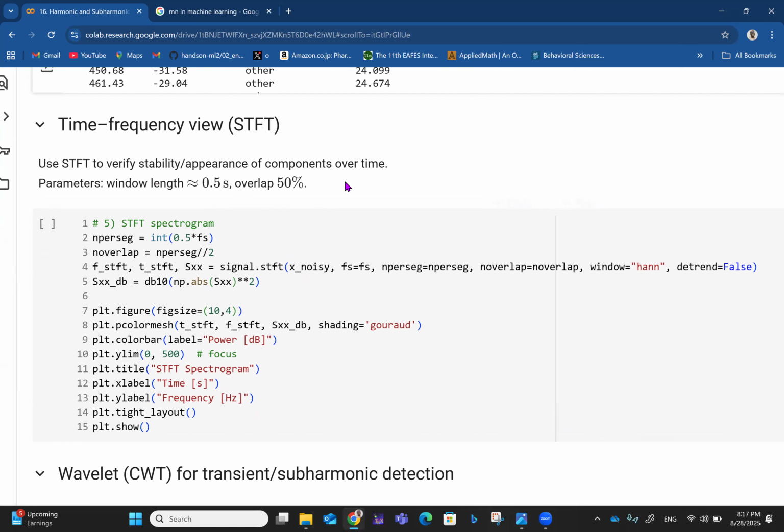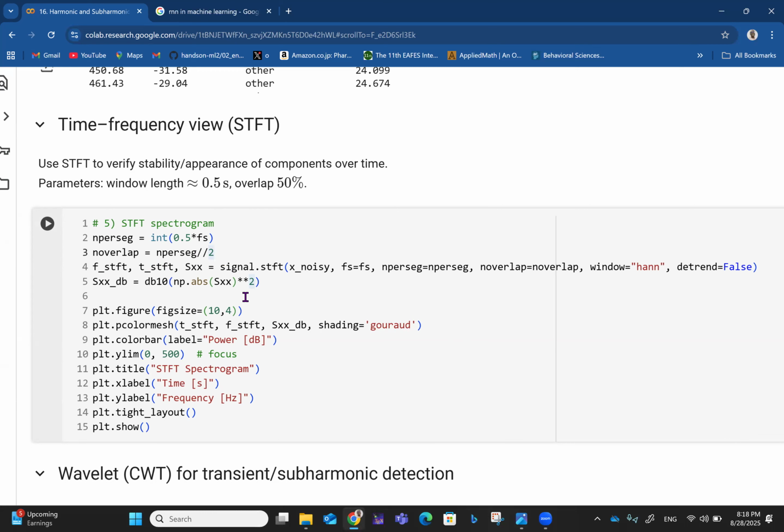Number per segment is the integer of 0.5 times the sampling frequency, which I think was 2000 when we started out. Number of overlaps is the integer division by 2; the decimal part we don't care about.